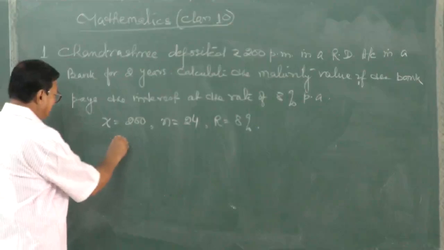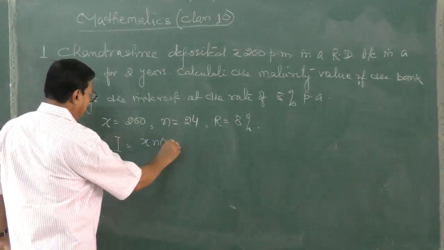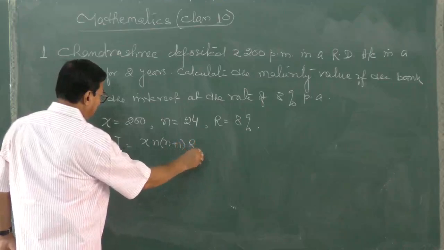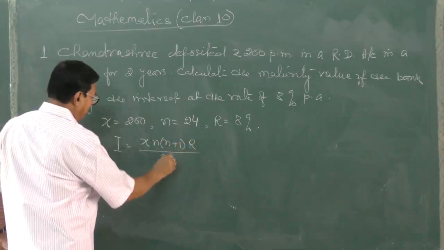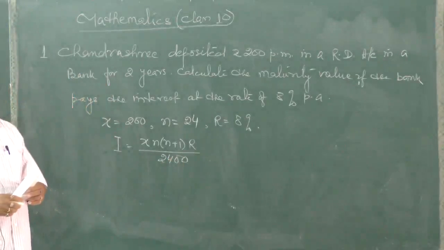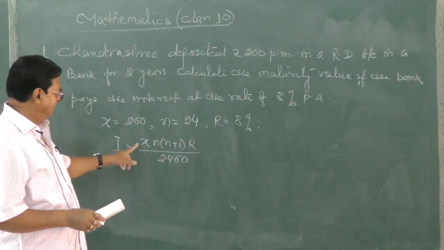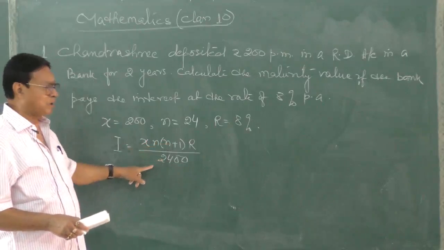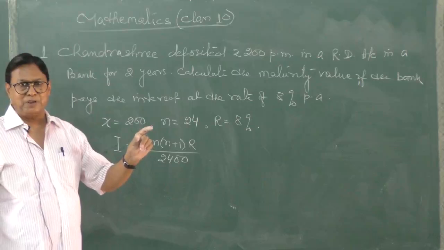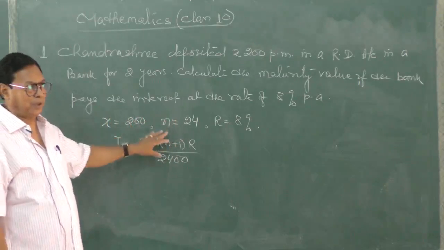So the interest is X into N plus 1 into R by 2400. I have combined the formula. Okay? So it saves time, saves calculation part, because X into N plus 1 by 2 is the equivalent principal. If you do it again, if the calculation goes wrong, this part goes wrong.